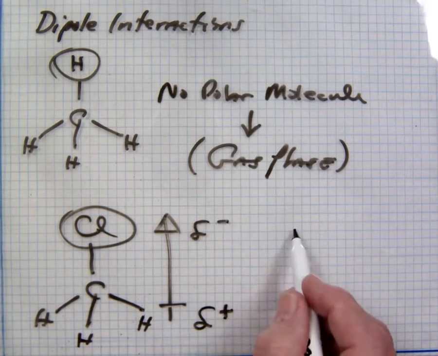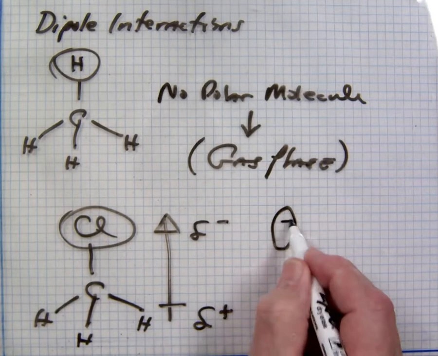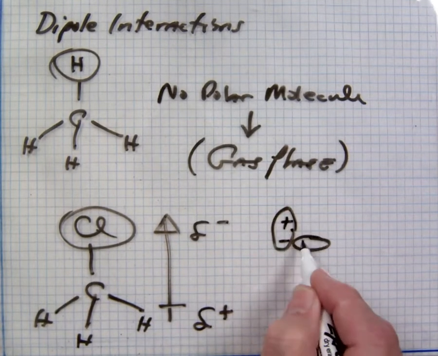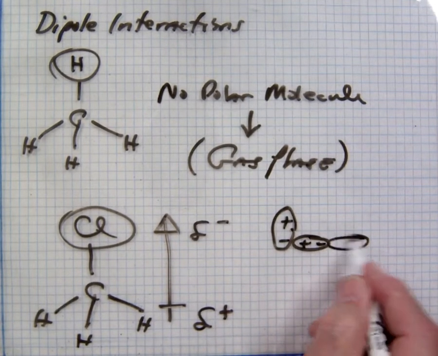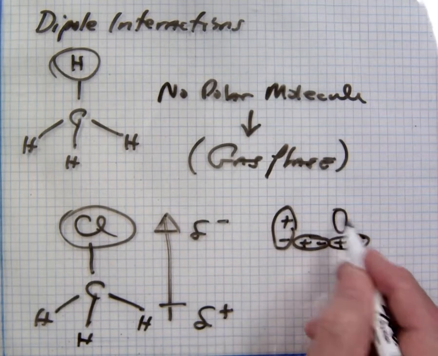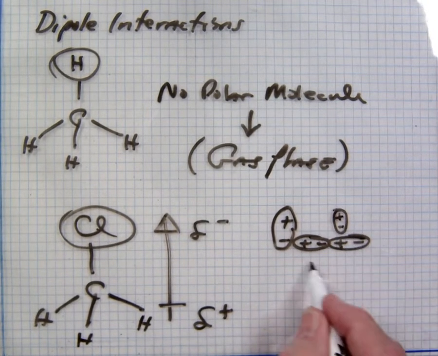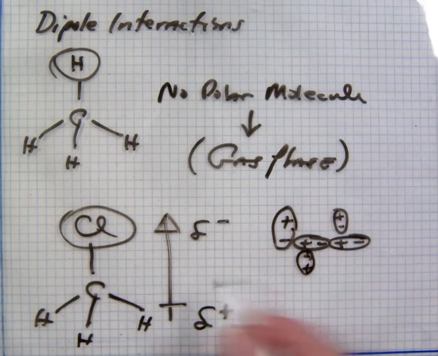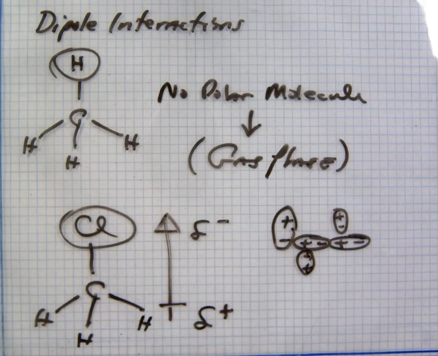So you can look at it as a group of plus-minus interactions like this, plus-minus, another one, plus-minus, maybe another minus-plus, and it would go on like that, and so that would be a dipole-dipole interaction.